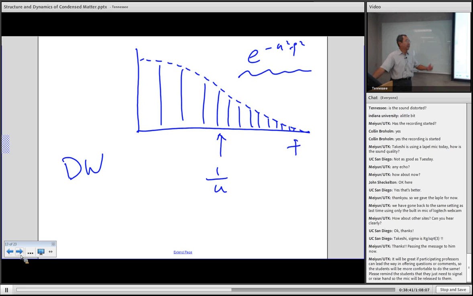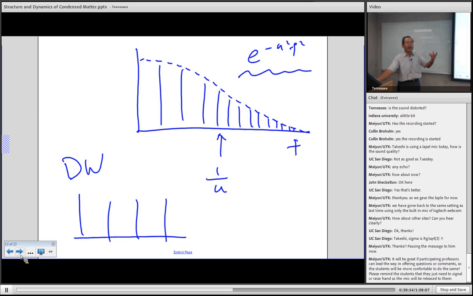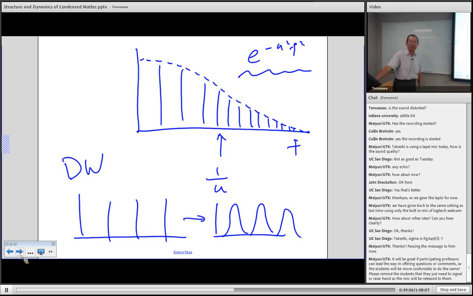Quite often people misunderstand this. For instance, people think that if the atoms are static, you have this well-defined delta function, and if atoms are moving, then periodicity is lost, so this becomes broad. Many people, even professionals, misunderstand that.